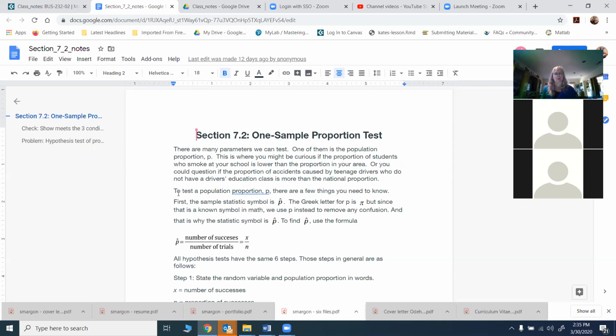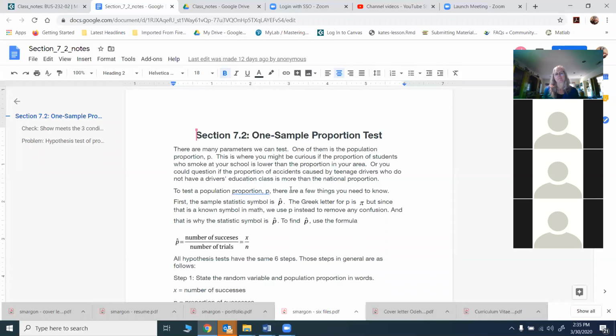If we're going to test a proportion parameter, the first thing I want to mention is that p is usually the symbol we use for proportion. This is a population proportion. Usually we use Greek letters for population values. But the Greek letter for p, does anybody know what it might be?